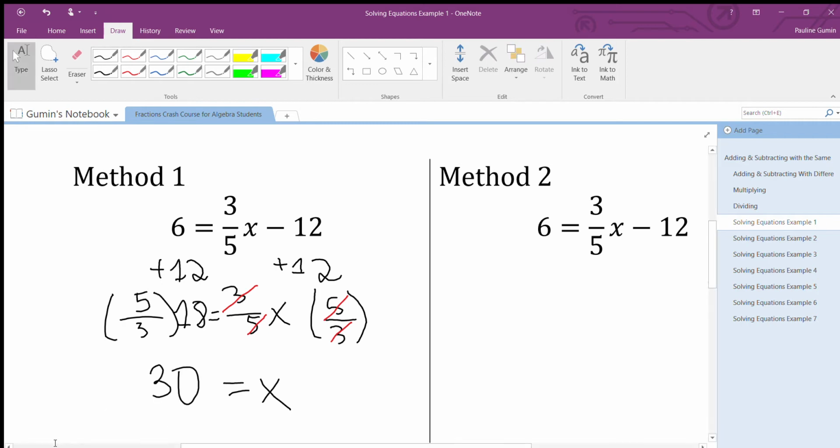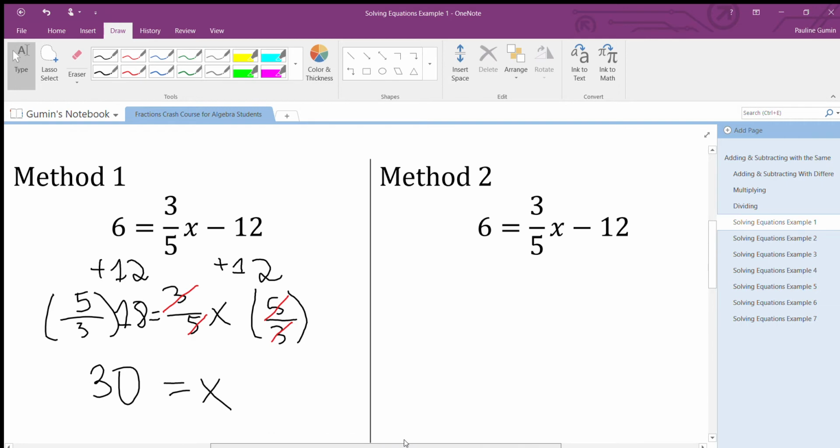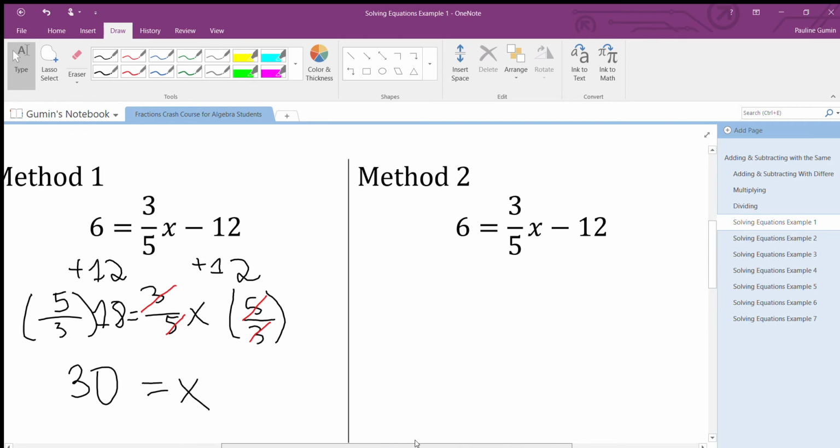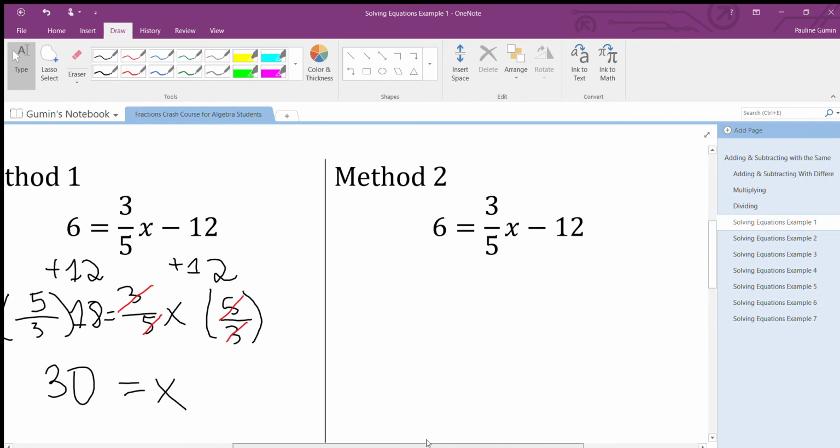Now let's take a look at the method where we cancel out the fraction. Sometimes it's a longer method, but it does feel a little safer, so I'm a fan of it. What we're going to do here is get rid of the fraction by looking at the denominator.